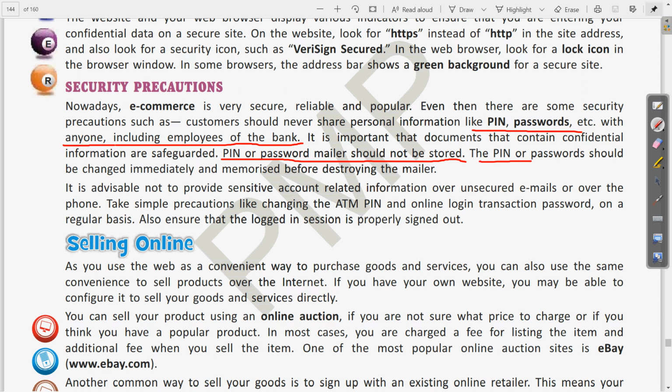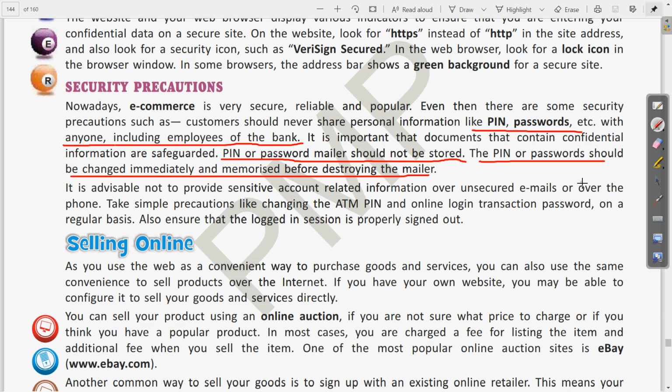Then the PIN or password should be changed immediately and memorized before destroying the mailer. So whatever mail or message in which we have received this PIN or password, after reading and memorizing this, it should be deleted, and also we should change the password or the PIN.